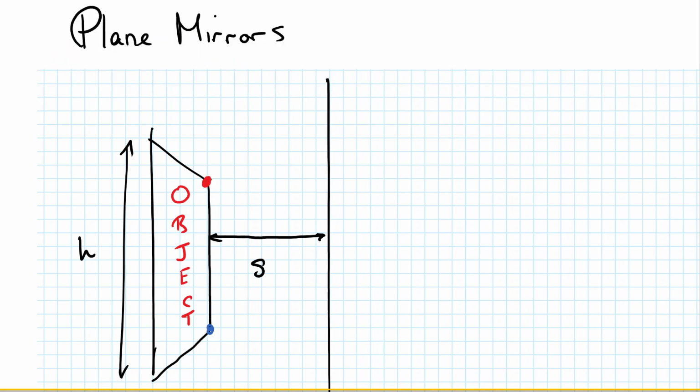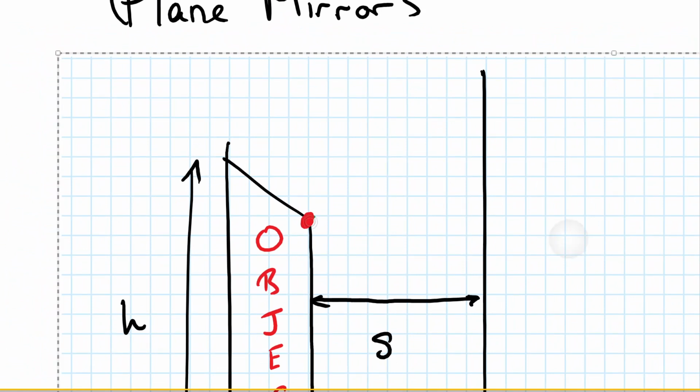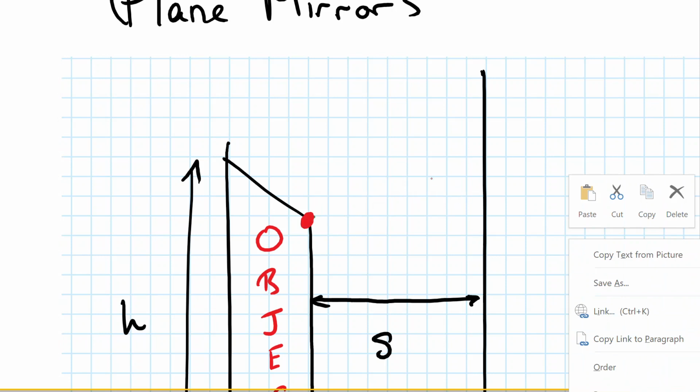Now, from these points on the object, I'm going to have light shining off of this object in every possible direction. Again, not in infinite amounts of time, so we're going to restrict ourselves to just looking at 2 rays of light. So let's draw one of these. This ray of light is going to leave this object, and it's going to go and hit this mirror.